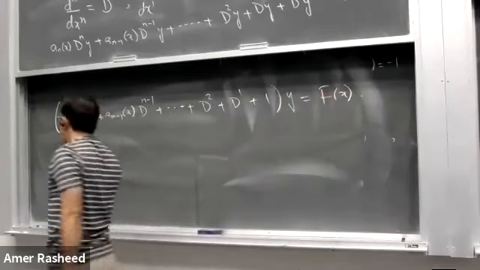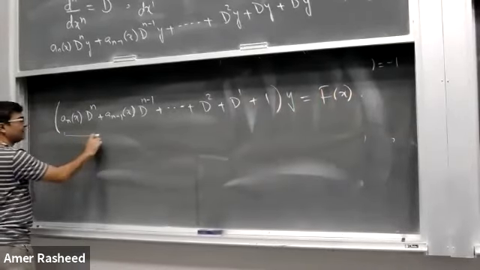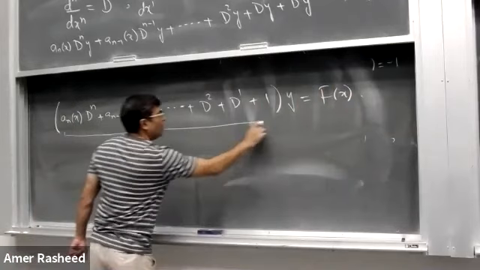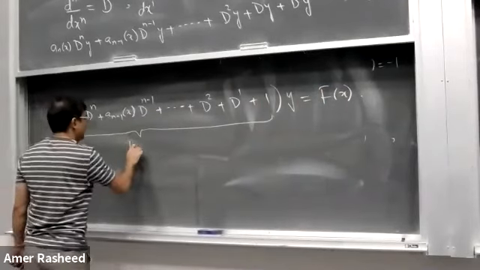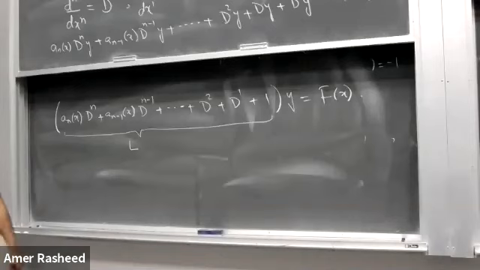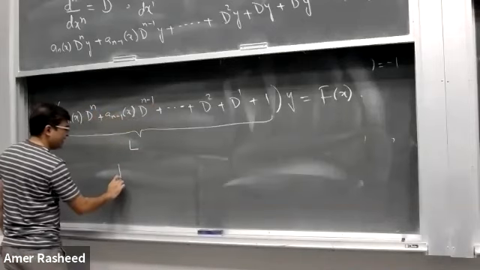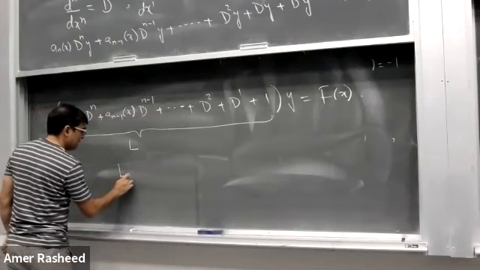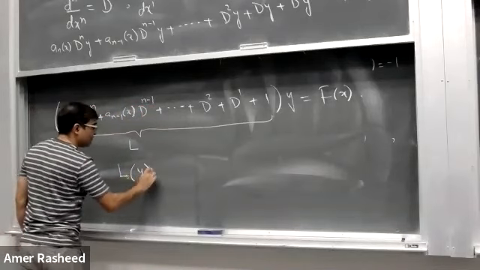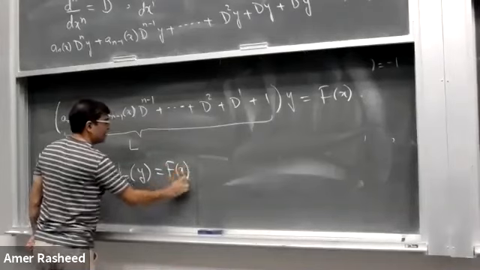Okay. Now this thing, if we define it as L, then how can we write that problem in a short way? L of y is equal to f of x. Okay.